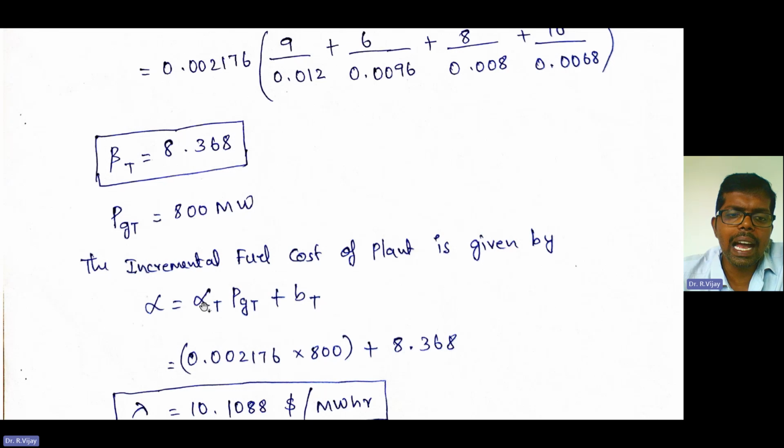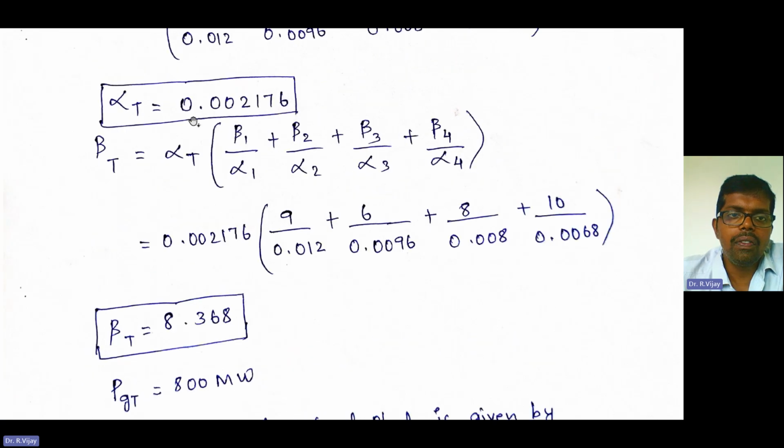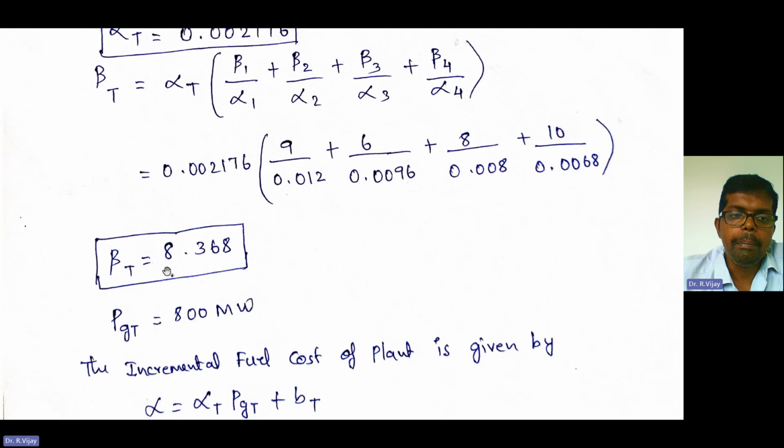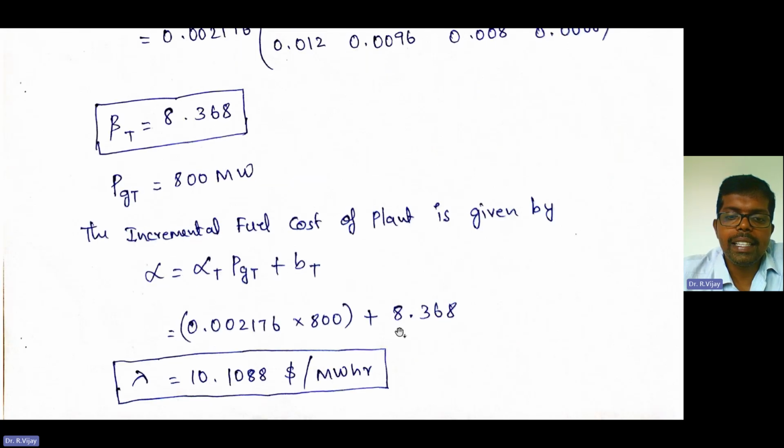Whatever alpha T we already calculated, that is 0.002176, we substitute here, into PGT. PGT is 800 megawatt, so 0.002176 into 800 plus beta T. Beta T is 8.368.